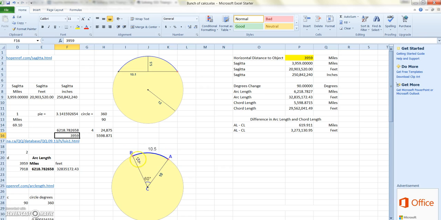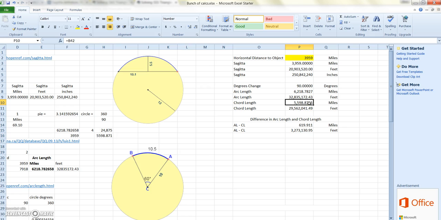Remember, I'm talking 90 degrees, not 60 degrees right here. So if I take the square root of, you can see my formula up here, 3959 times 3959 plus 3959 times 3959, it comes up with 5598.871.